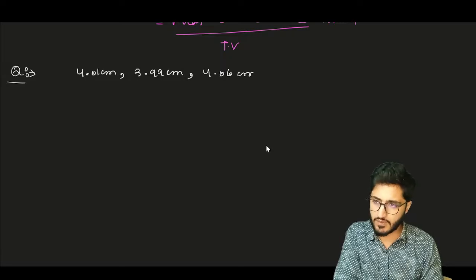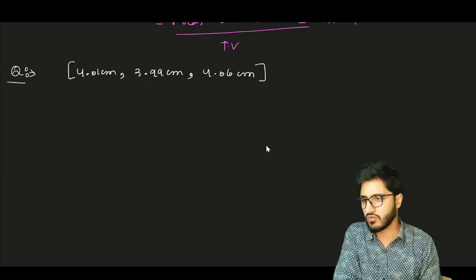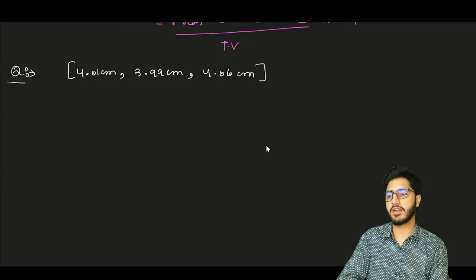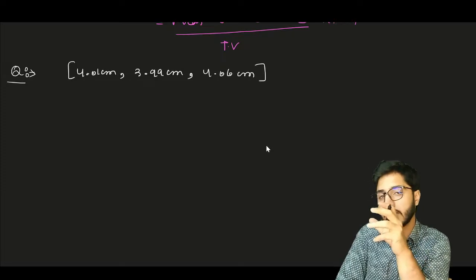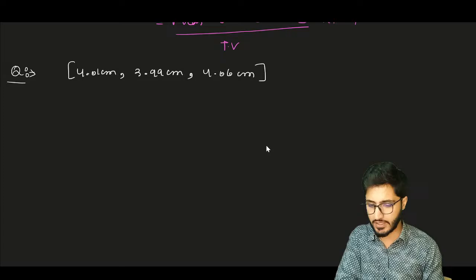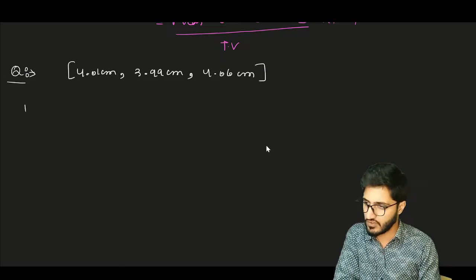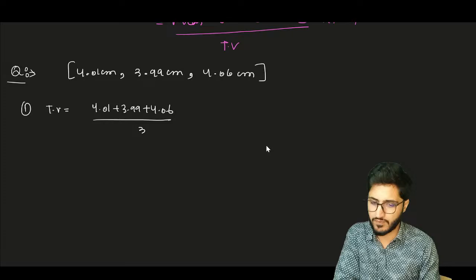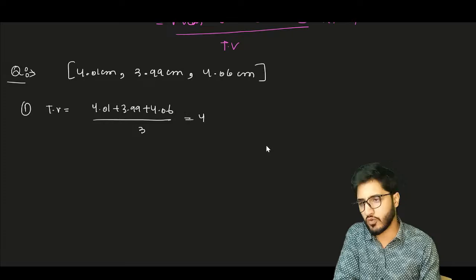We don't know the true value of that thing. If the true value is not given, then we have to take the mean of all these values. First thing, true value. How can I get the true value? I can get 4.01 plus 3.99 plus 4.06 whole divided by 3. I will get 4.02, which is a true value.